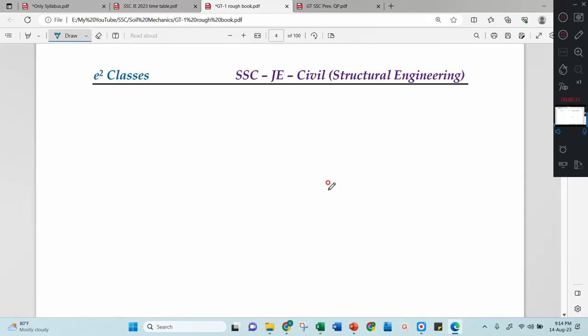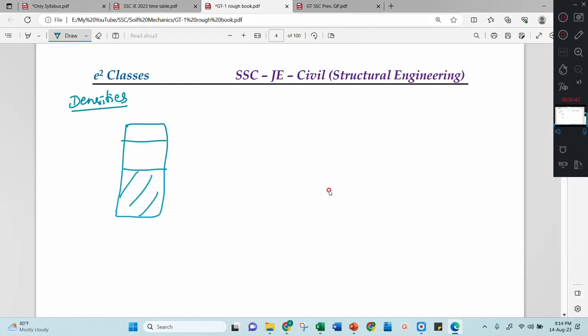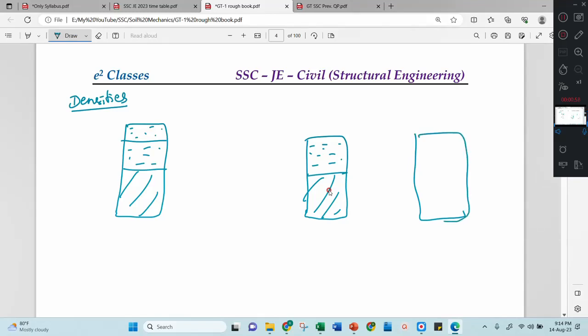Now coming to the other terms, they are called the densities. Again I will draw a three-phase diagram. Then this is a solid, water and air phase, and we have another phase where solids are there and the entire voids are filled by water, and we have another phase where solids are there and the entire voids are filled by air, right?